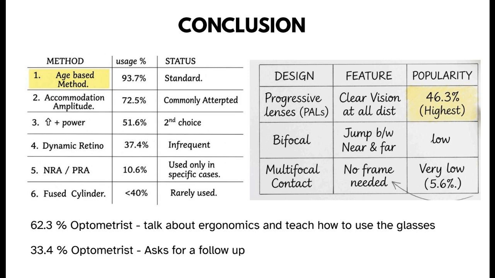Progressive lenses were the most prescribed by optometrists, whereas multifocal contact lenses were not much prescribed by them. 62.3% of the optometrists talked about ergonomics and taught how to use the glasses, and they asked for yearly follow-up.